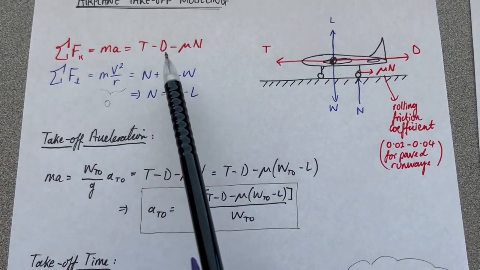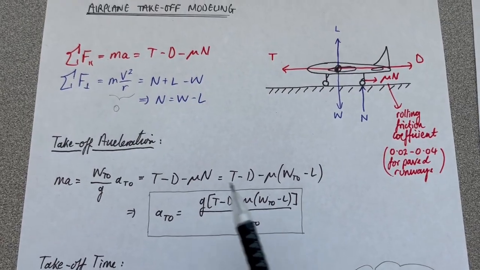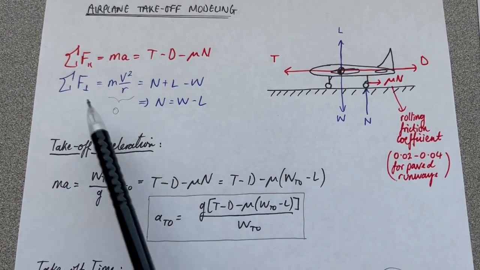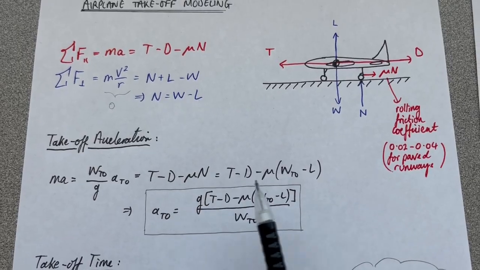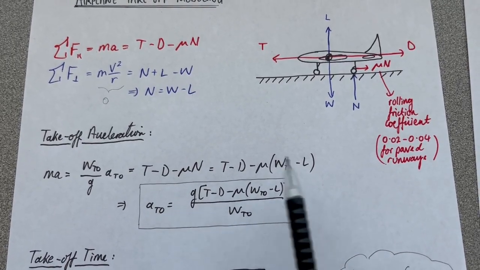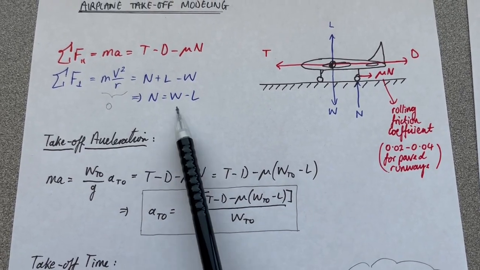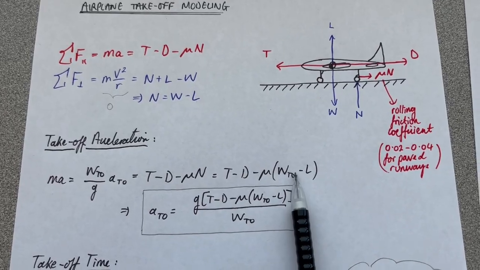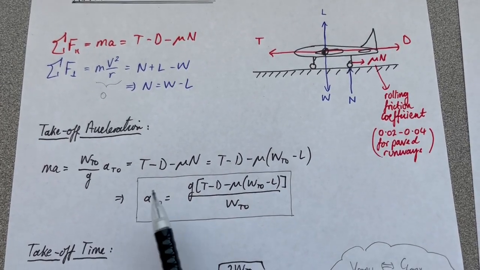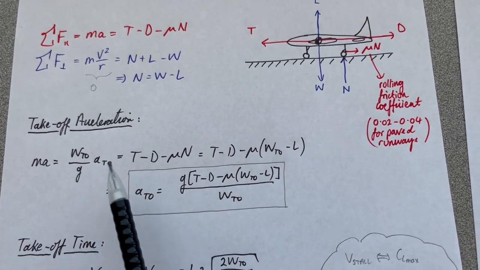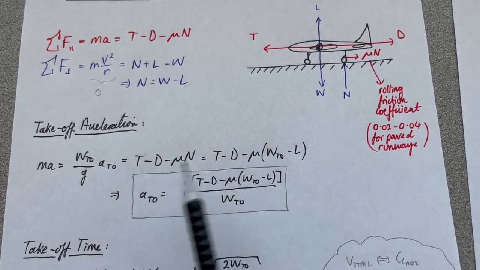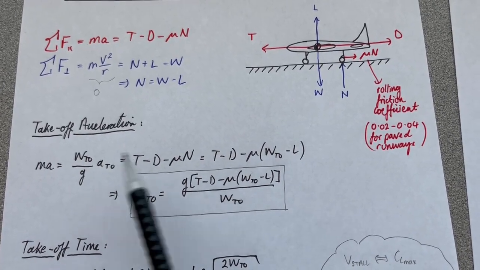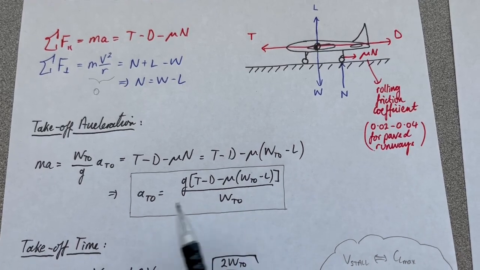So T minus D minus mu N, and we just said up here that N from the perpendicular summation is just the difference between W and L. So I've just replaced N with W_TO minus L from here. So that gives us our takeoff acceleration if we just take this piece here, which is equal to that, and multiply both sides by g, divide both sides by W_TO.